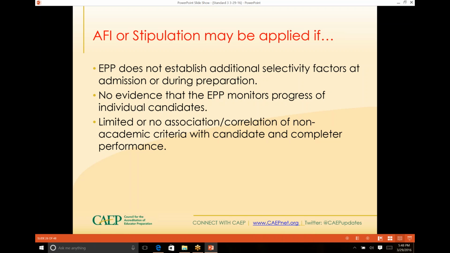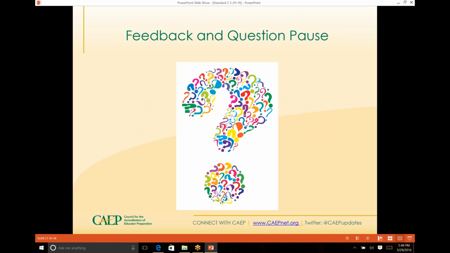Or if you've got absolutely no evidence that you're monitoring the progress of individual candidates, or if you've got limited or no association with these non-academic criteria in terms of candidate or completer performance. So they are looking for some kind of tracking and monitoring over time. And if not, you'll probably get some questions thrown at you.